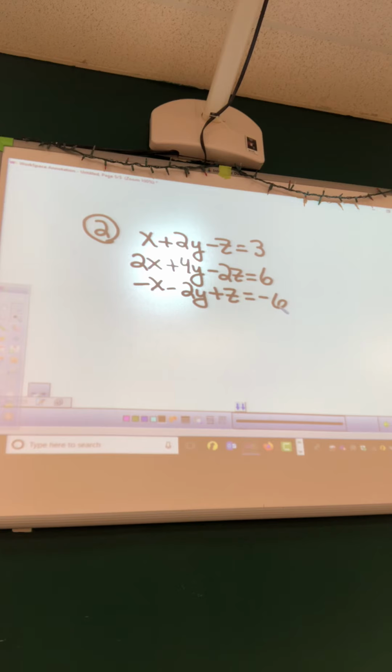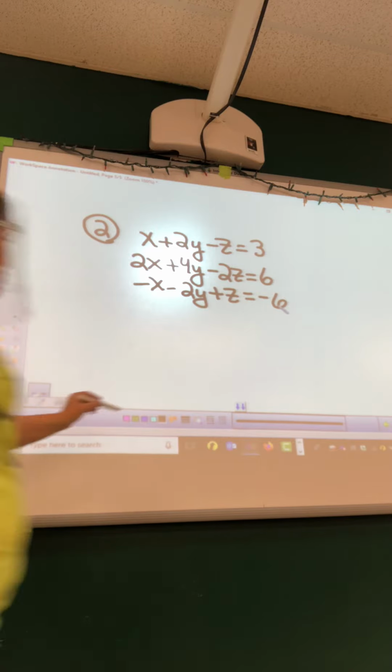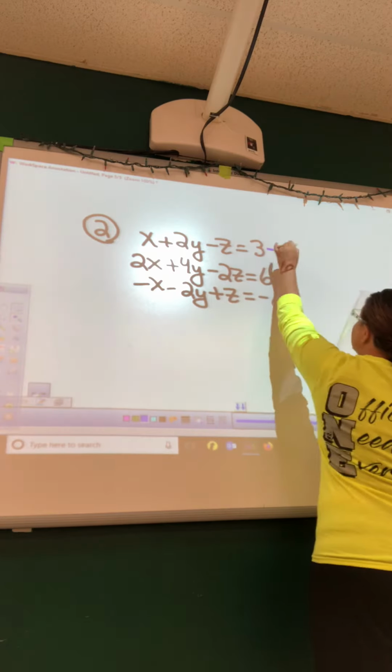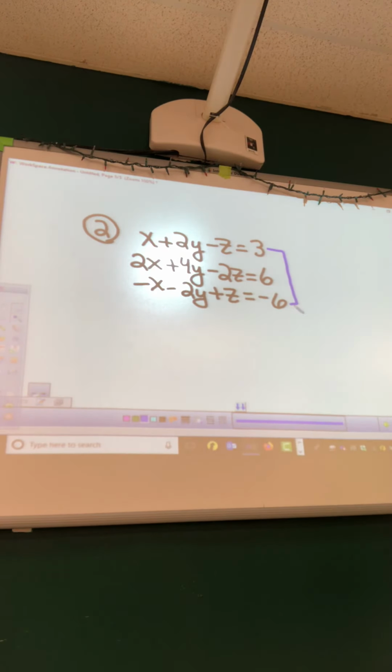Anybody else with that person for an x? Anybody for a y? Sure. Anybody for a z? Sure. But since I heard an x, I'm going to go with x. Now, I know that if I look at the first and the third equation, they're already ready to eliminate x's, right? How do I know that?